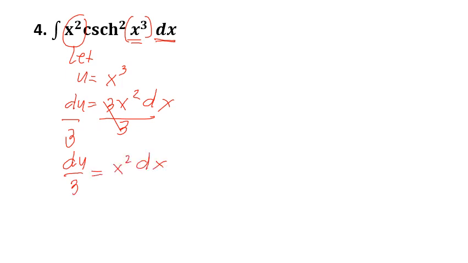So I could substitute now these values into my equation. I have integration of hyperbolic cosecant squared x cubed, where x cubed is equal to u. So I will get hyperbolic cosecant squared of u, then my x squared dx is equal to du all over 3.